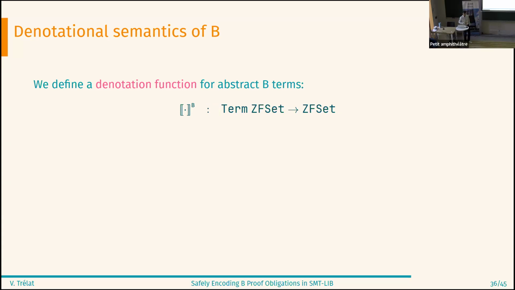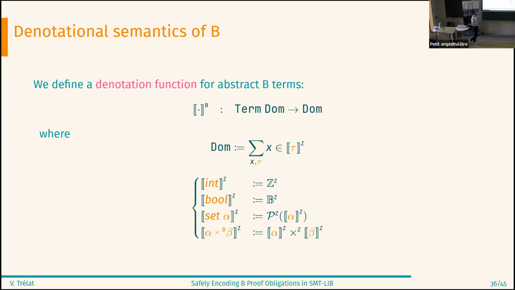What I'm actually doing is slightly more specific. I'm doing this with a type that I called DOM, and this DOM is defined like this. Read this as in exists. It's a triple composed of a ZF set X, a B type tau, and a proof that X is a member of tau transformed into a set.